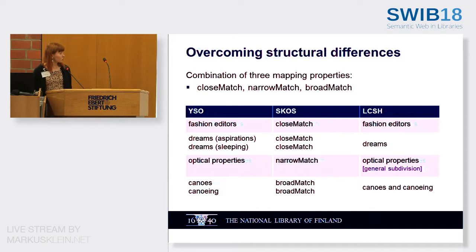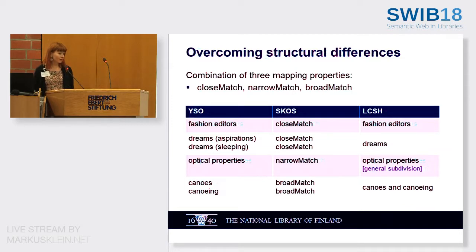Out of these 3, close match is by far the most used. It's used whenever there's a pretty obvious match, but as it doesn't state that the concepts are exactly equal, only that they are a close match, it can stand quite a bit of fuzziness. So, for example, the dreams example from the previous slides could be mapped with a close match property to the just obviously one dreams concept that LCSH holds.